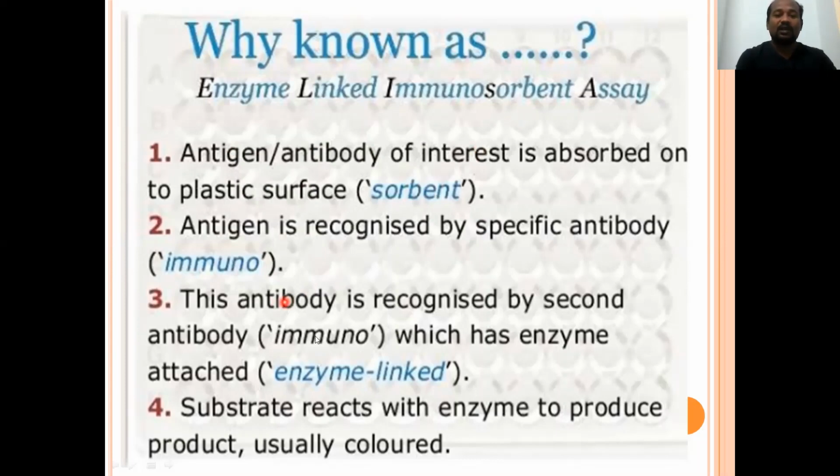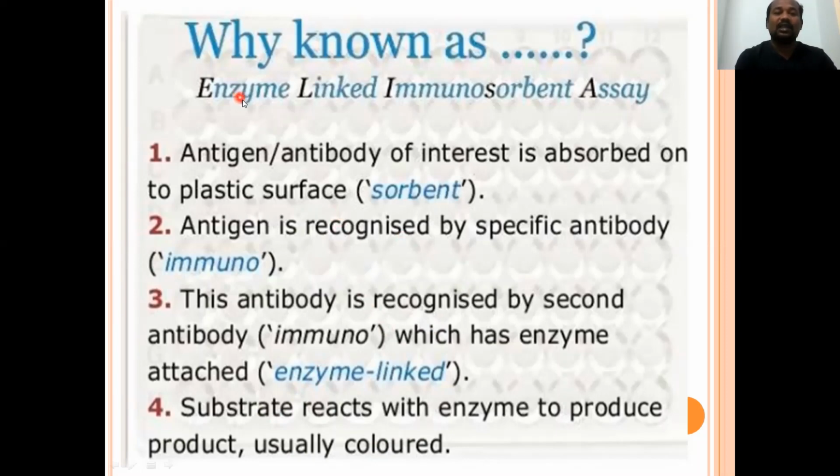Then the third one, the test utilizes an enzyme linked with a secondary antibody for detecting the presence of the primary antibody with the help of a substrate. That enzyme-substrate reaction gives a colored product at the end of the ELISA test.